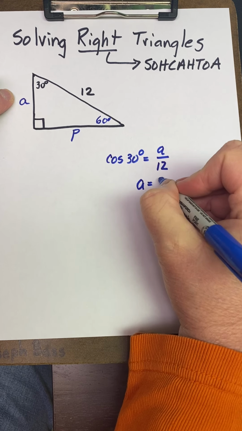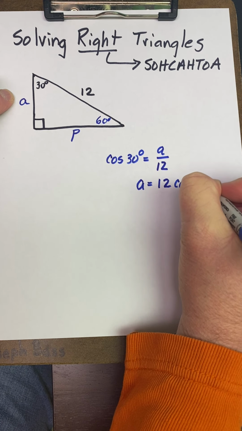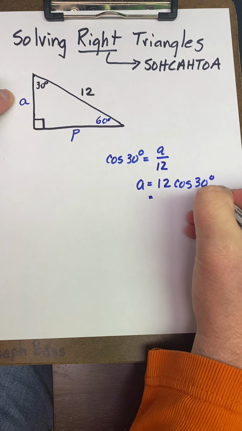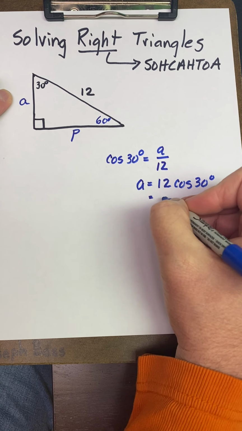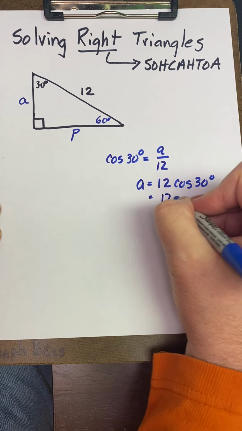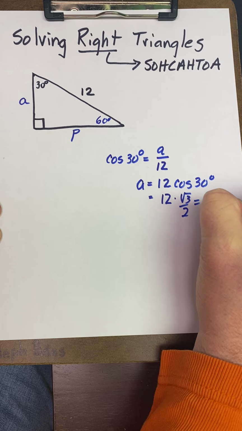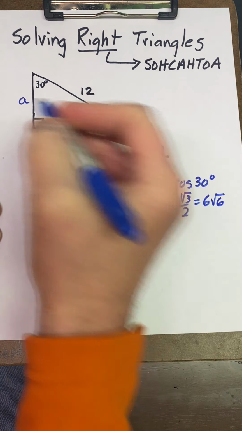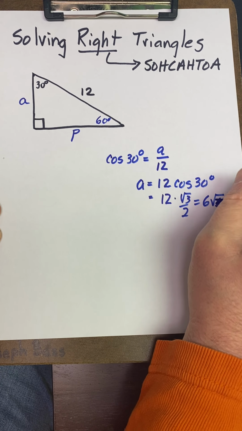A is 12 cosine 30 degrees, and the cosine of 30 degrees is square root of 3 over 2. So this is 12 times the square root of 3 over 2, which is 6 times the square root of 3. That's not a 3, that's 6 square root of 3.